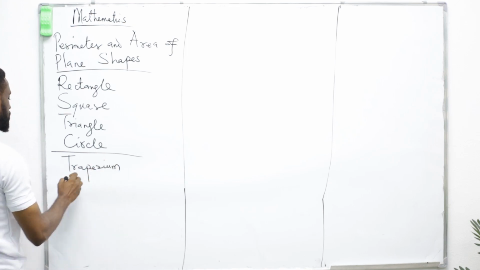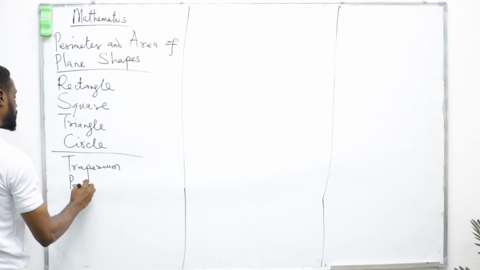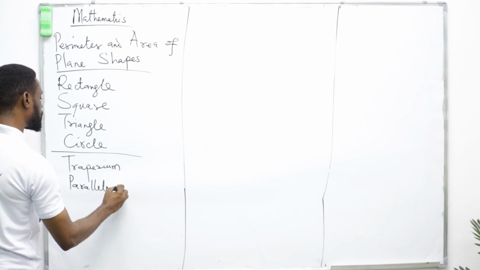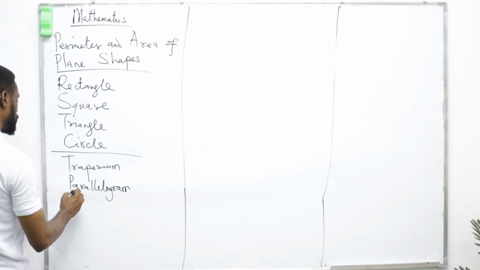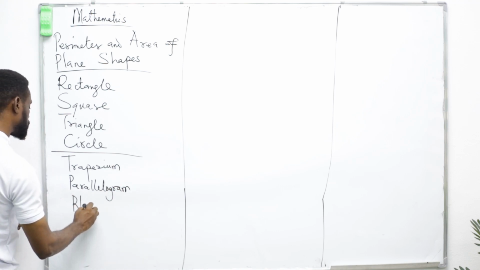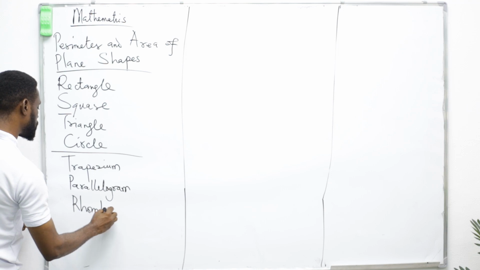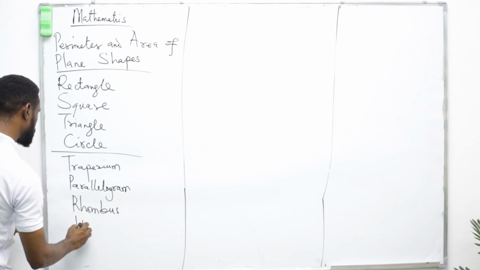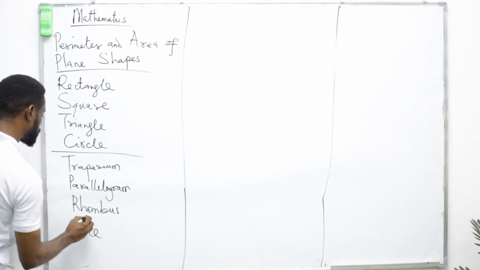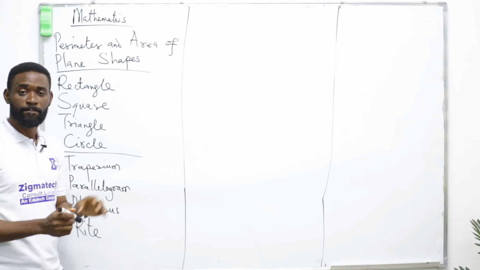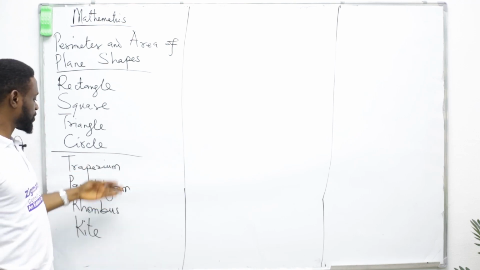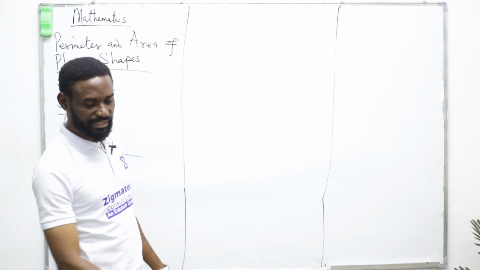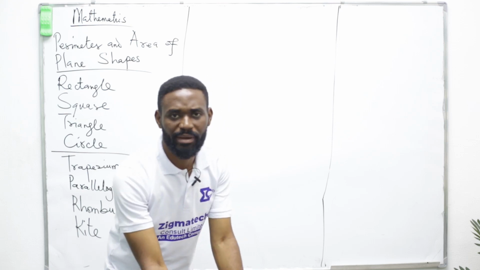We'll look at parallelogram, we'll look at rhombus, and we'll look at kite. So we'll look at these four major types of plane shapes today, okay? So we'll look at how to calculate their perimeter and their area.